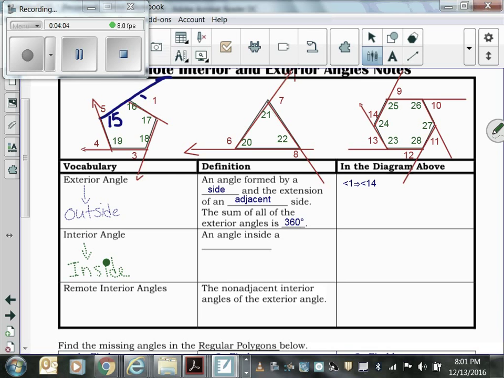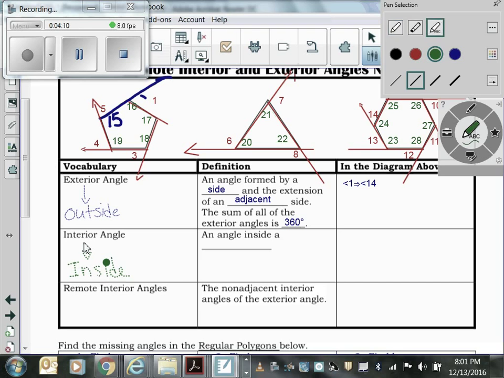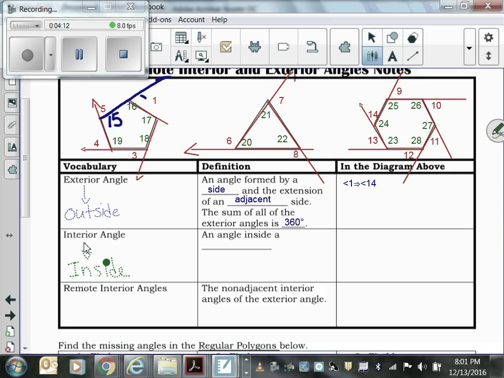So I have angles that are inside my shape. Well, what's another word for shape? Good, it's polygon. So an interior angle is just an angle inside of a polygon.